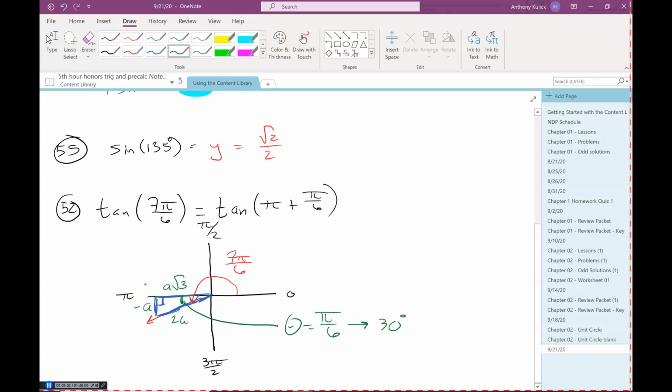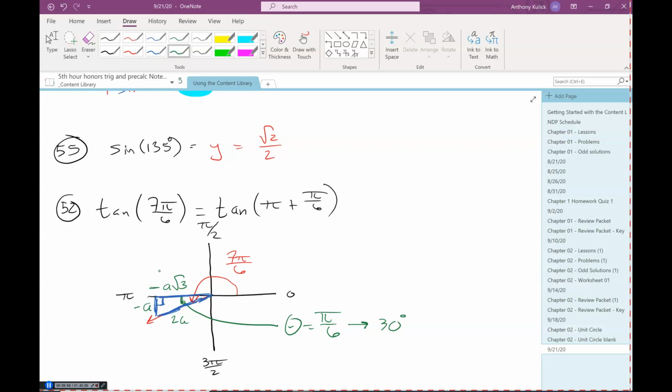Why would I call this one negative? Well, we're in the third quadrant, and that side length is describing the y coordinate in the third quadrant, so I need to make sure I write that as a negative. Likewise, I need to write a negative for my x coordinate also. Almost forgot. Jason, are you happy with that?